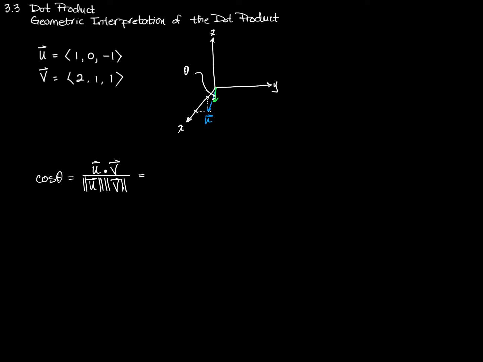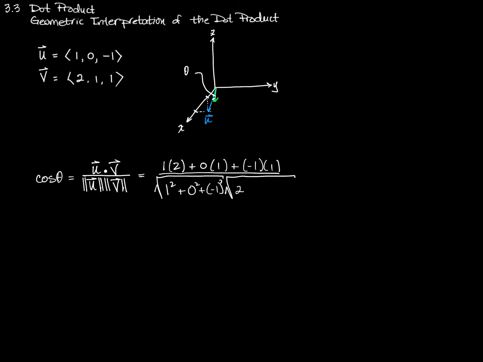Well, the dot product of u and v is going to be 1 times 2 plus 0 times 1 plus -1 times 1. The magnitude of u is going to be 1 squared plus 0 squared plus -1 squared.